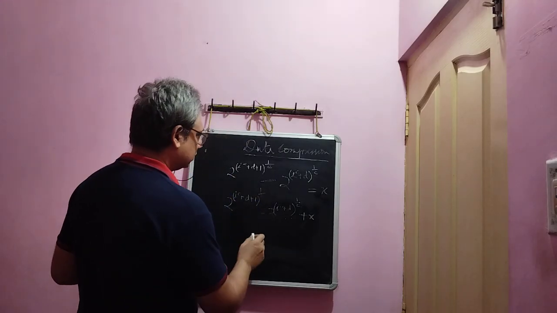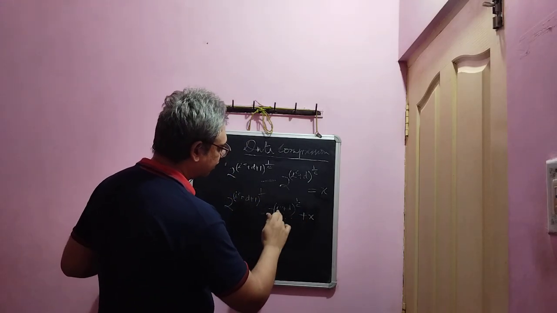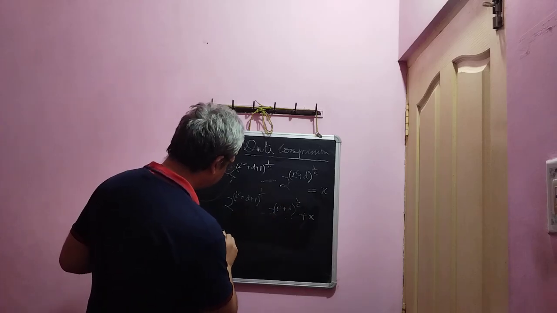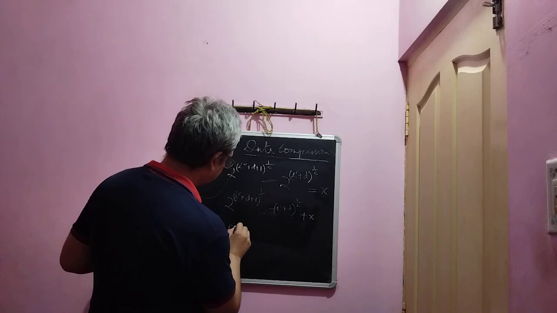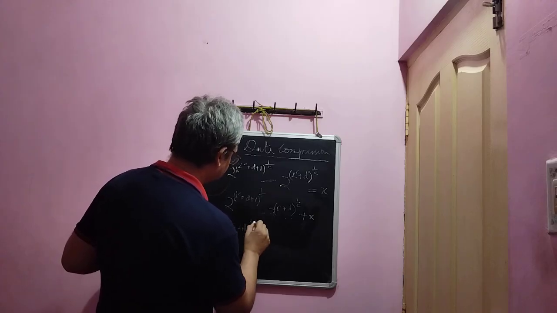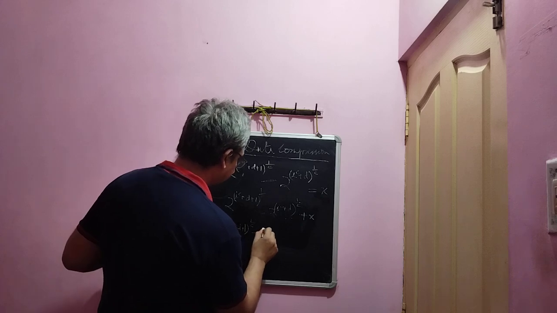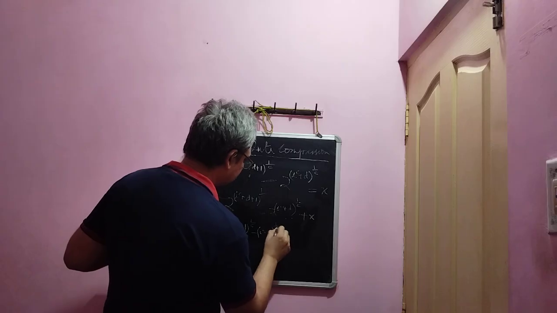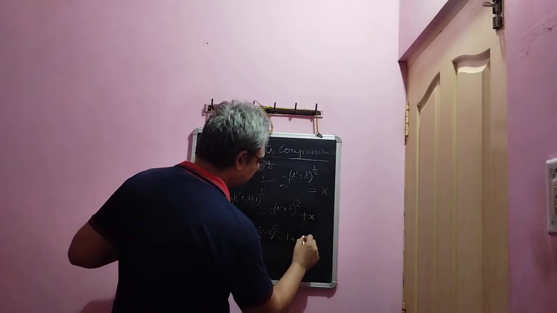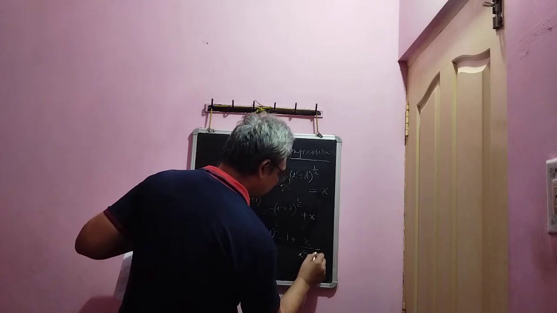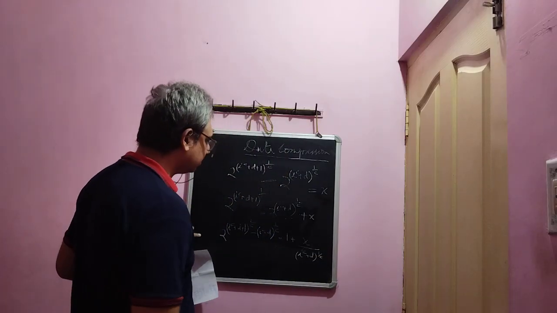Now divide both sides by 2 power (i power c plus d) power 1 by c. You will have 2 power (i power c plus d plus 1) power 1 by c minus (i power c plus d) whole power 1 by c is equal to 1 plus x by 2 power (i power c plus d) whole power 1 by c.